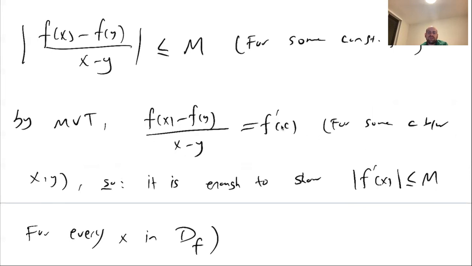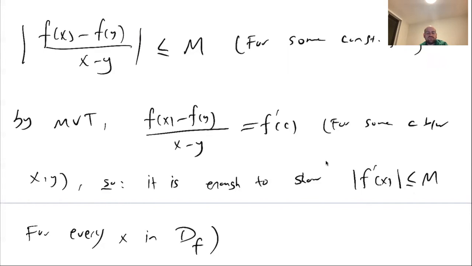Well, this implies that the absolute value of f prime of c is less than or equal to m, because if this is true for every x, it will be true for c in particular as well, right? Because c is some number between x and y, therefore some number in the domain. And if the absolute value of f prime of c is at most m, well, f prime of c is equal to this expression.